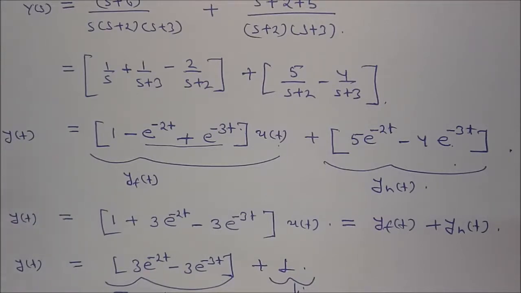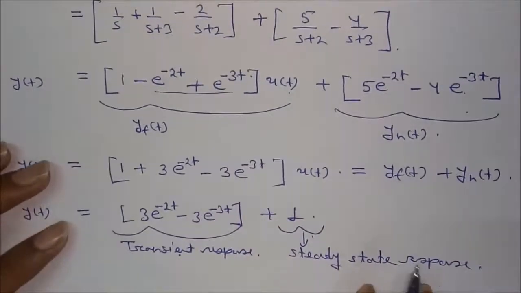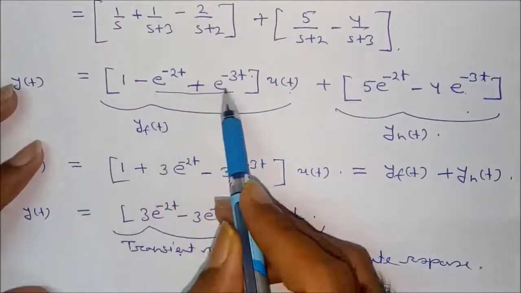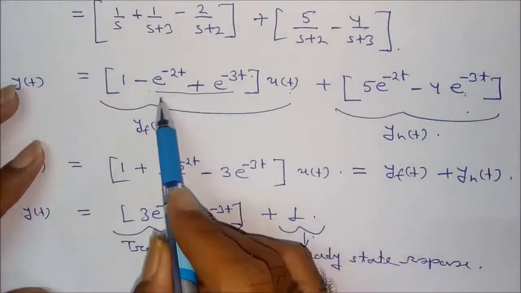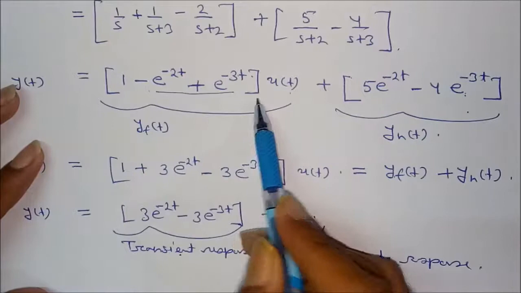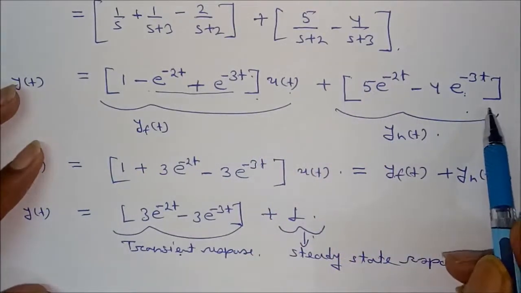Next point, who is going to contribute to transient response? We have always natural and forced. You can see from here, transient response means all the e to the power terms will come in transient response. That means it is a part of forced response also, and a part of natural response also.